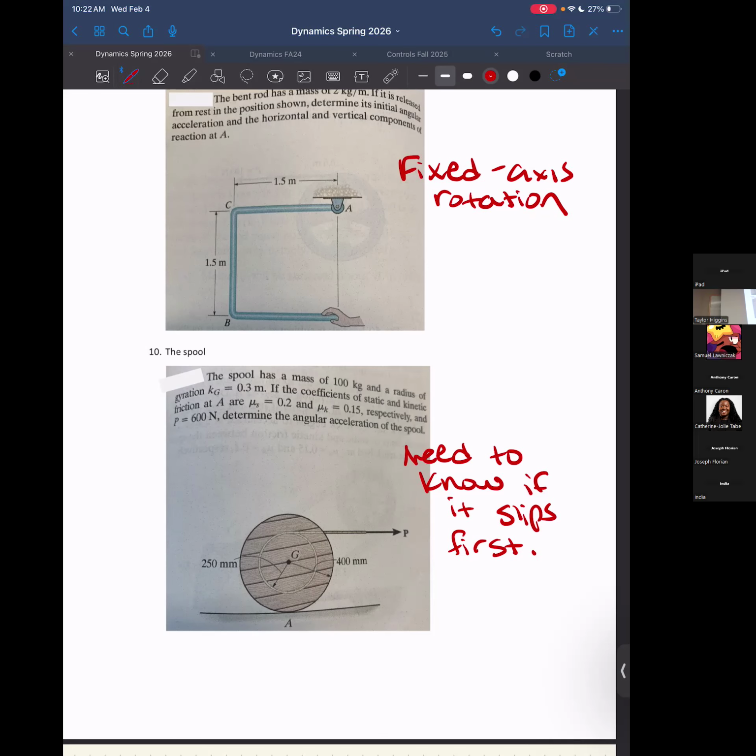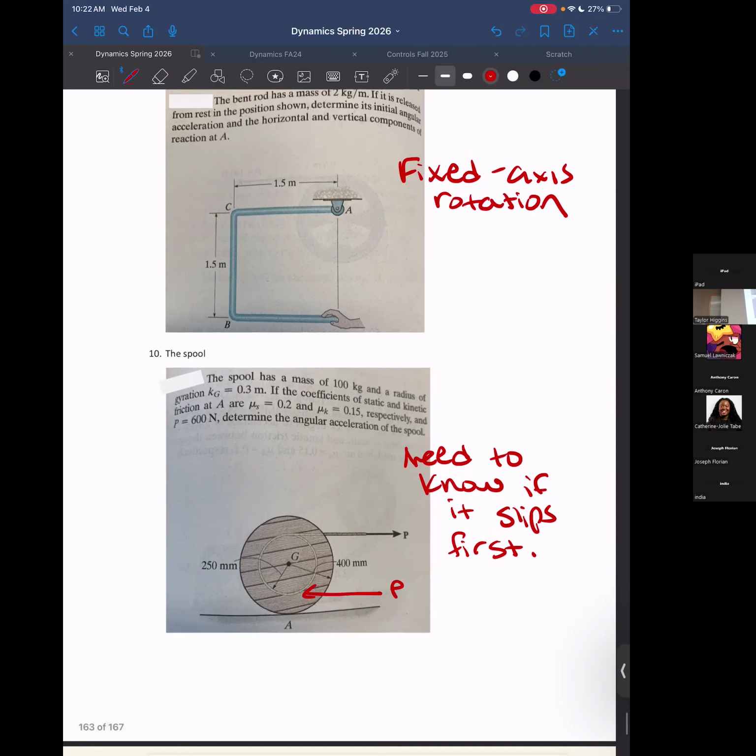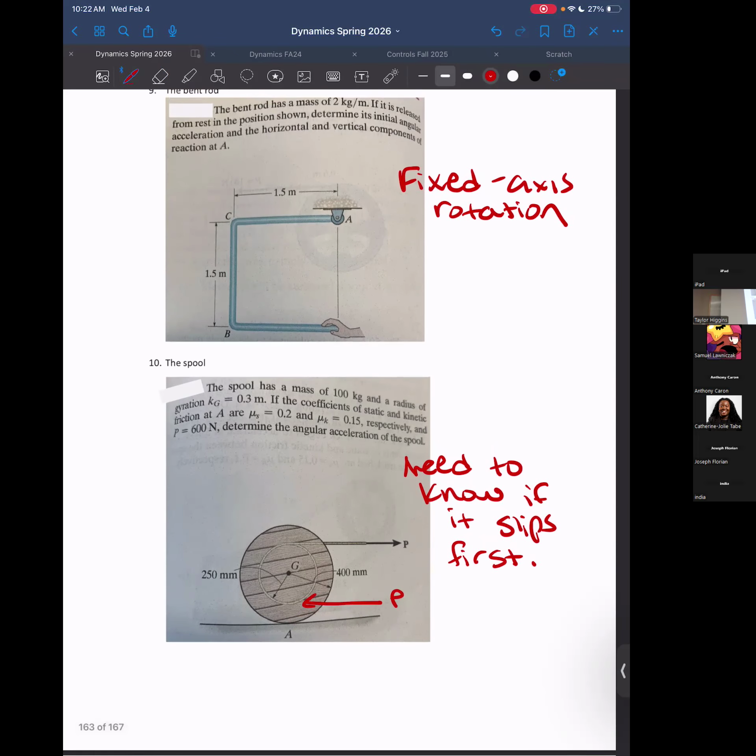So tell me this then, Samuel. Without calculating our friction, what if the friction force ended up being perfectly equal to P? Well, it can't be because we have a mu. It could be.